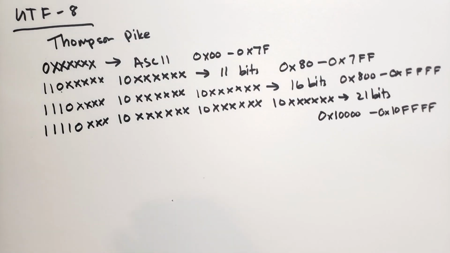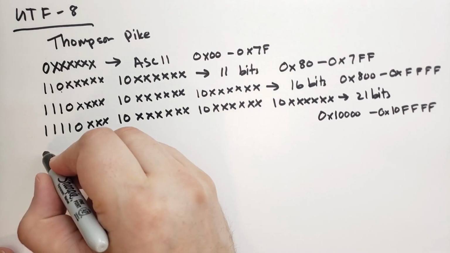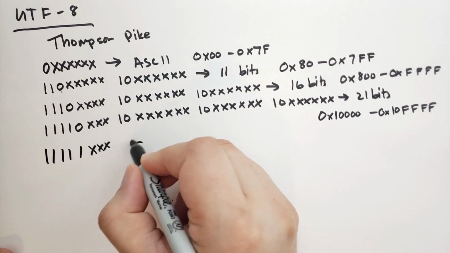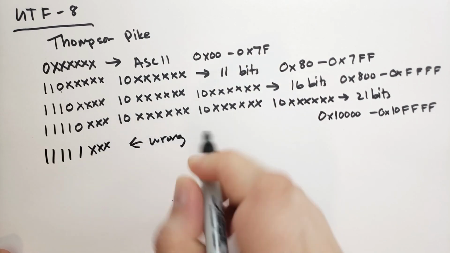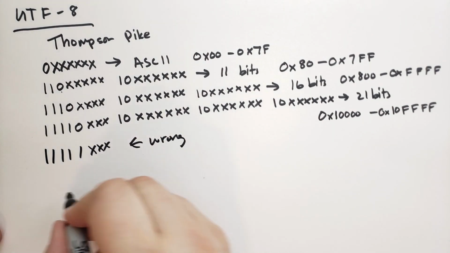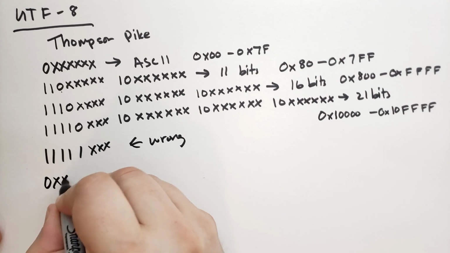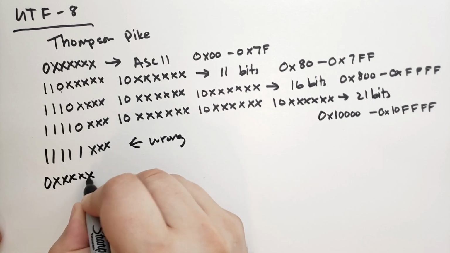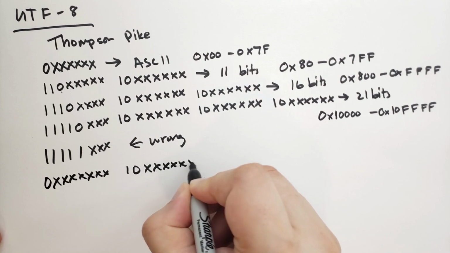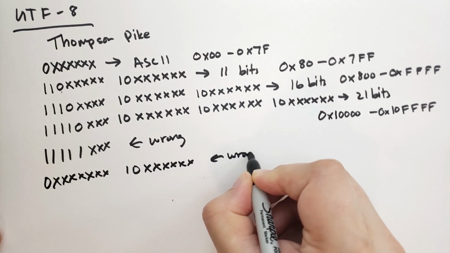Note that you can have invalid bit patterns. If you had 11111 followed by anything, this is wrong. You should never see that in UTF-8. You should never see 0xxxxxxx followed by a 10 with 6 bits, so this is also wrong.